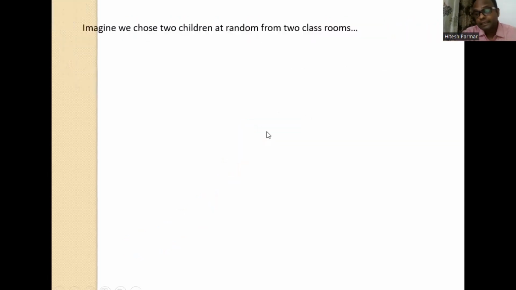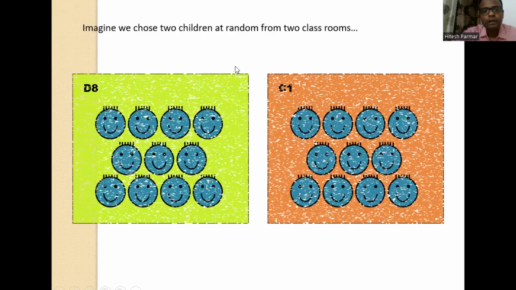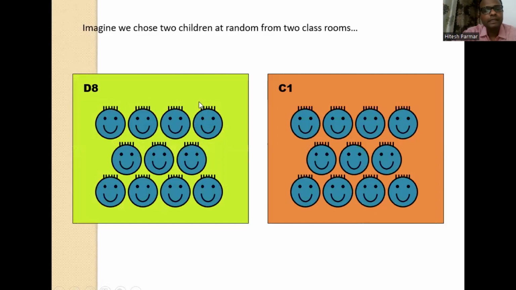Now, what exactly are we trying to do in the t-test? Let us try to simplify things. Let us imagine that we choose 2 children at random from 2 classrooms. Let us call these classrooms D8 and C1.